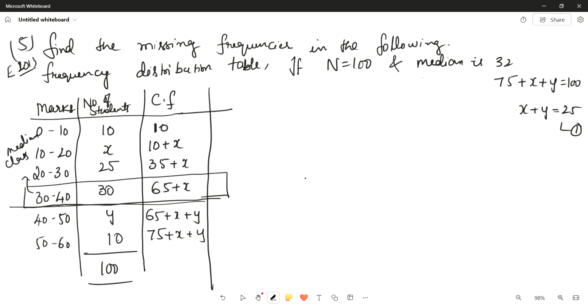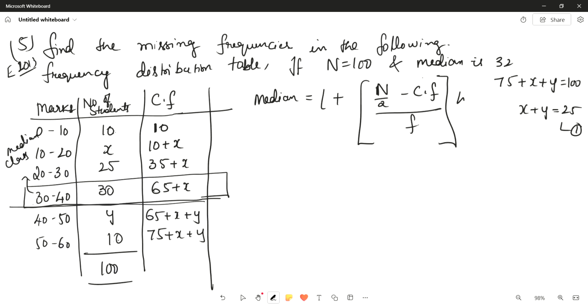Okay, so median is equal to L plus n by 2 minus CF by F into H. Now we selected the median class. L will be what? Lower limit. So 30. n by 2 will be 100 by 2.